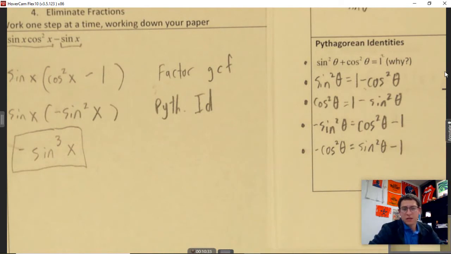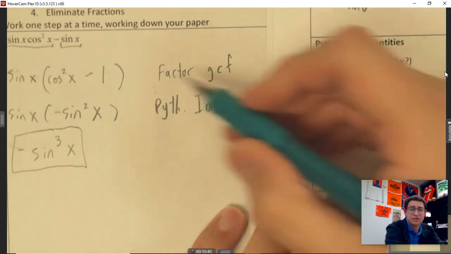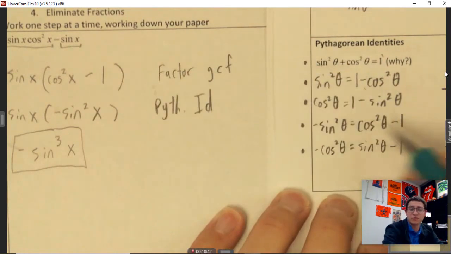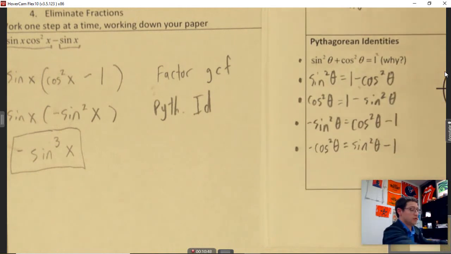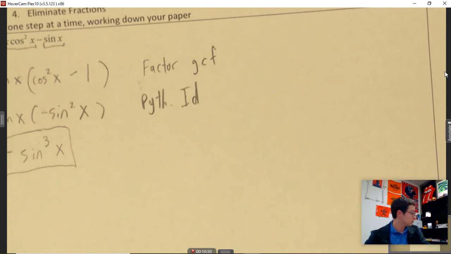So it's just finding and identifying which one matches, and this one definitely matches with this, so I can replace it. Cool, there's our first one. All right, let's go ahead and go to the next one.